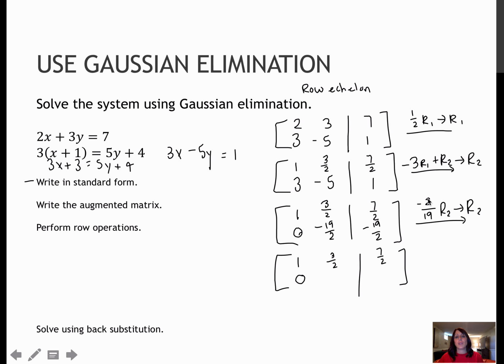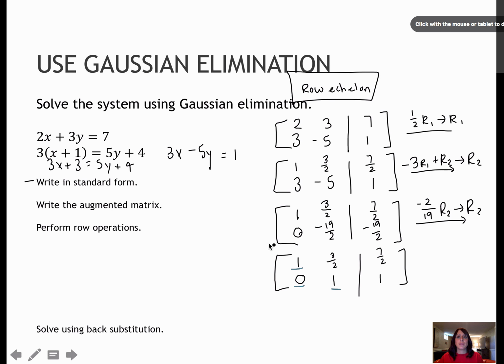This times negative 2/19, the negatives cancel, the 19s cancel, and the 2s cancel, and I just get a 1. The same thing happens here. So now what we have is row echelon form. We made it. I know that because I have a 1 here, I have a 0 below it, and my first term in my next row, which is just to the right, is also a 1.